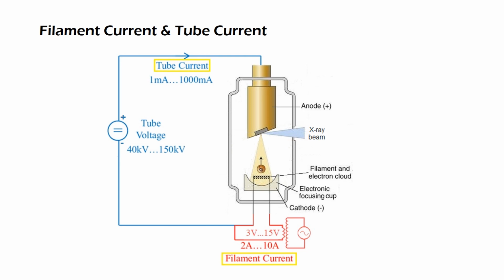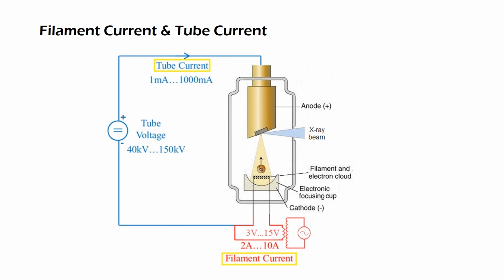The filament current flows when a low voltage, typically between 3 to 15 volts depending on the specific tube design, is applied across the filament by an external filament power supply circuit. The electrical resistance to the filament current heats the filament, and as a result of this heating, the process of thermionic emission occurs, which releases electrons from the filament surface at a rate determined by the filament current and corresponding filament temperature.